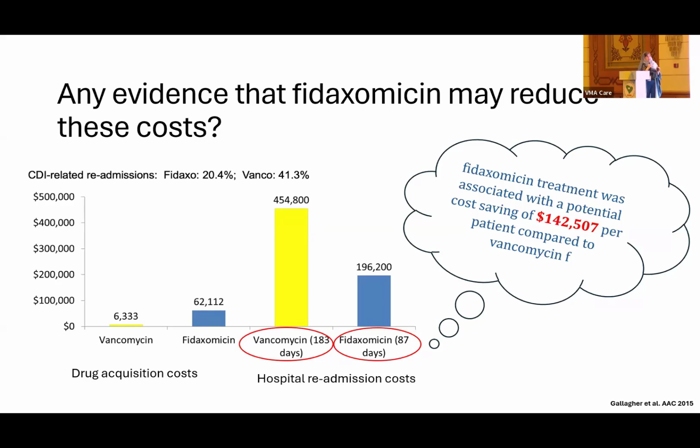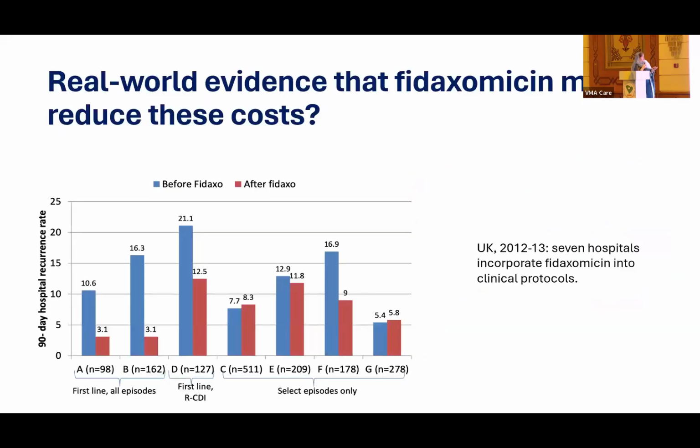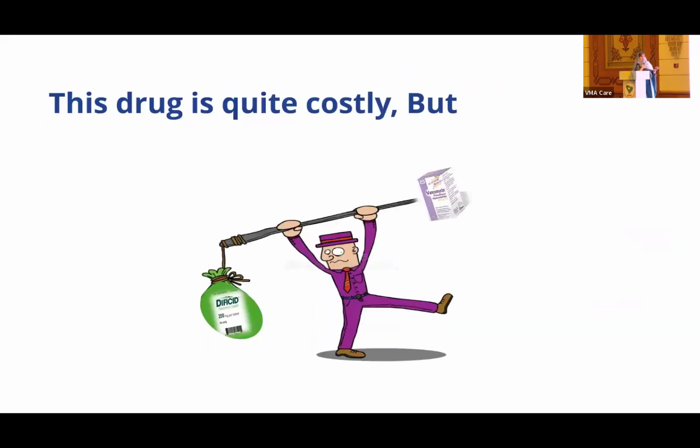So fidaxomicin treatment was associated with a potential cost saving of almost $1,042. So probably fidaxomicin is saving money and is not more expensive than vancomycin, but we have to do our own cost effectiveness trials. There are also multiple other studies done in the UK. They started to incorporate fidaxomicin.